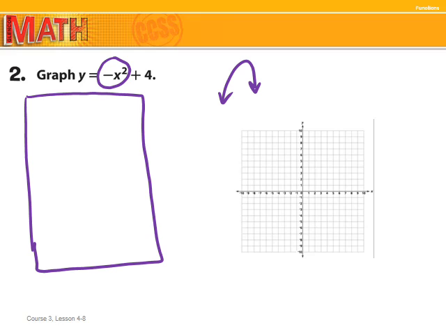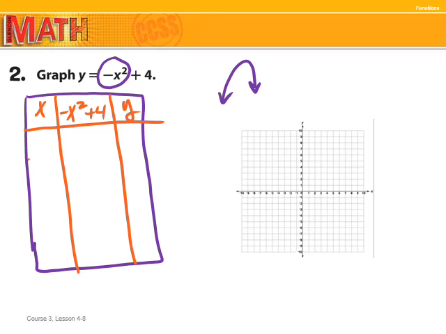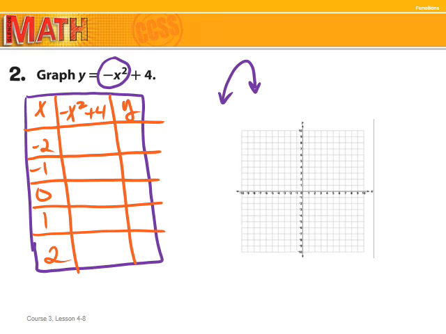I'm going to include the rule. So I have my x, my rule, negative x squared plus 4, and my output. I'm going to choose negative 2, negative 1, 0, 1, and 2, always using 5 when we're doing quadratic functions.